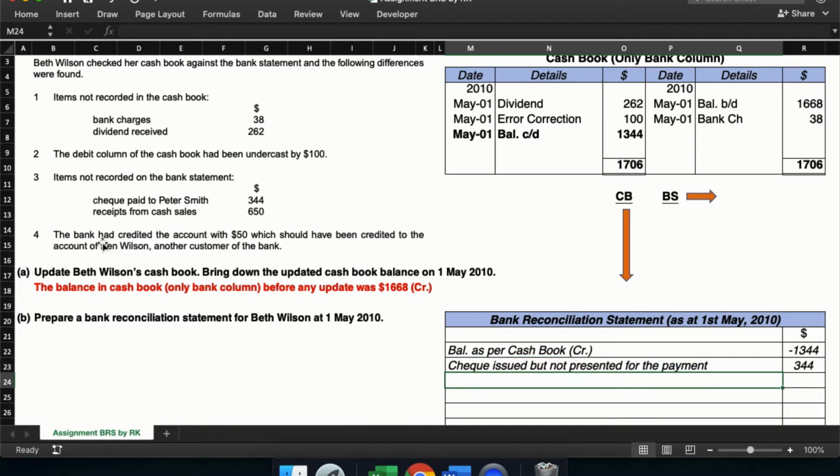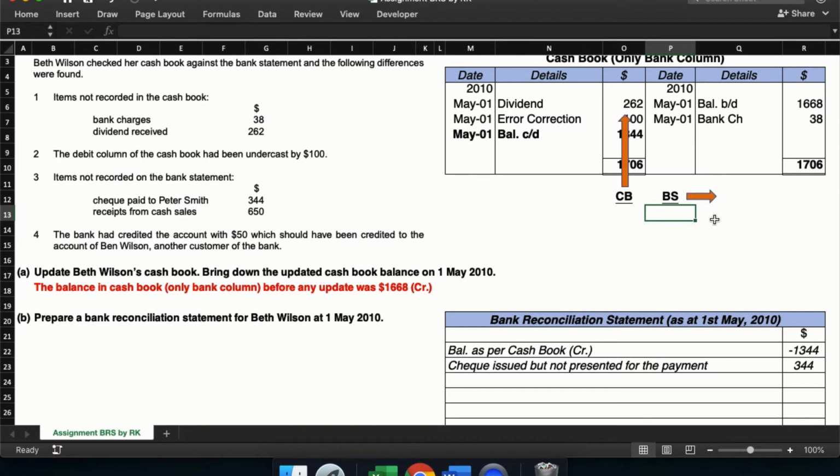Done. Now the next point, receipt from cash sale. We sold goods on a cash basis, we got the money, and that money we put in the bank, $650, and we entered it in the cash book. Because of that, the cash book balance increased. But there is no entry with regard to this 650 in the bank statement, so the balance in the bank statement remains as it is. Now the target is to reach the bank statement balance, so I have to come down.